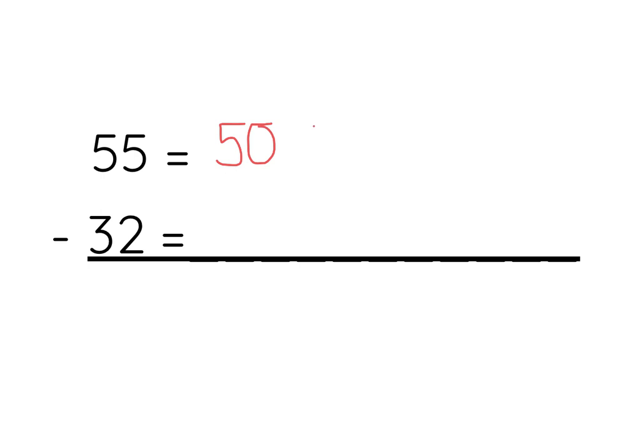Check it out now. 50 plus 5 minus 30 minus 2. Check out your ones column. Oh, did you notice that the big number is actually on the top?